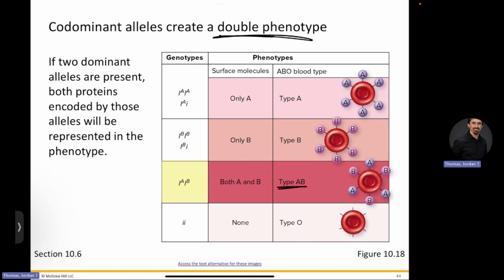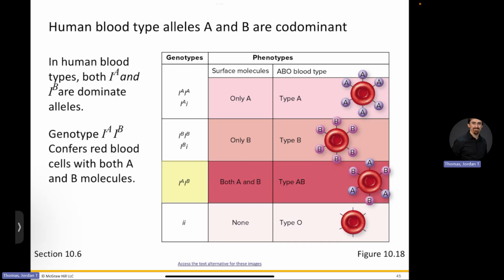So in type AB, you have the allele for protein A and the allele for protein B. So we get protein A and protein B on the cell. We don't get a mix. We get both in codominance. In human blood cell types, alleles A and B are codominant.